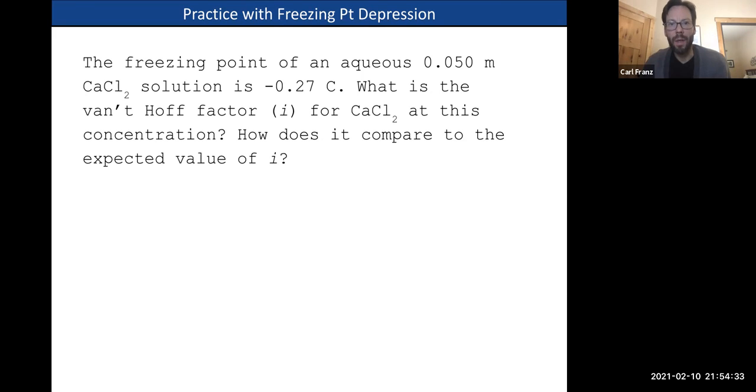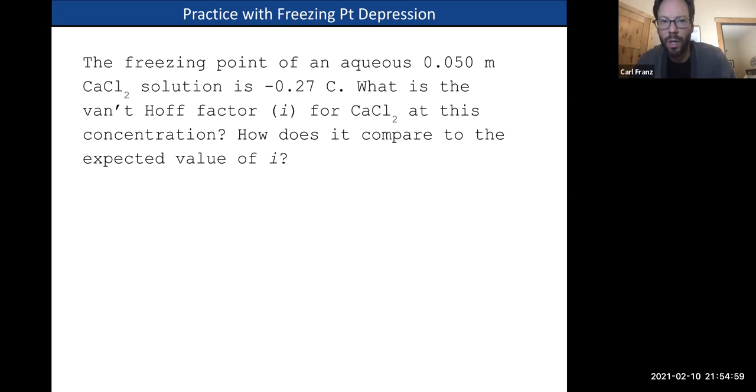You do that because it gives you the molality already, and it gives you the freezing point of negative 0.27. So you have to look up the Kf for this.